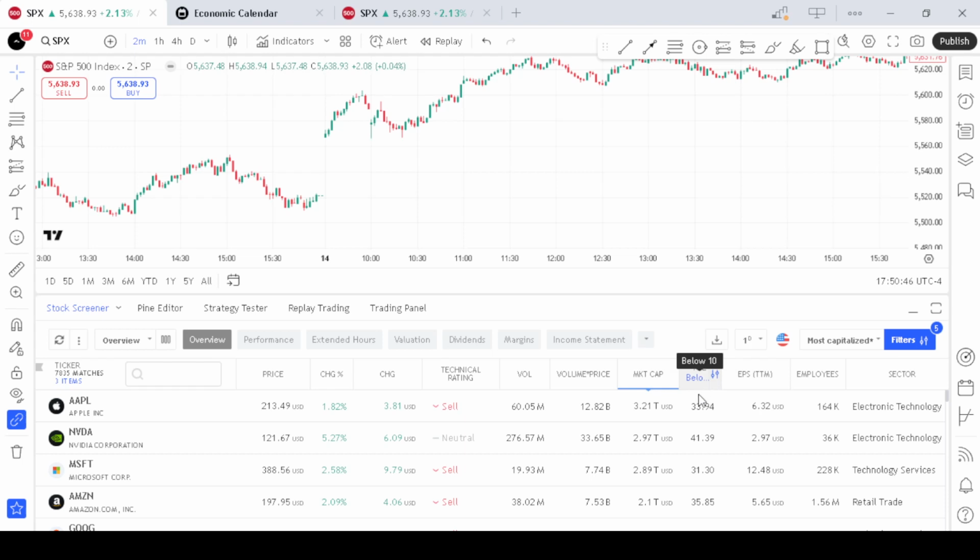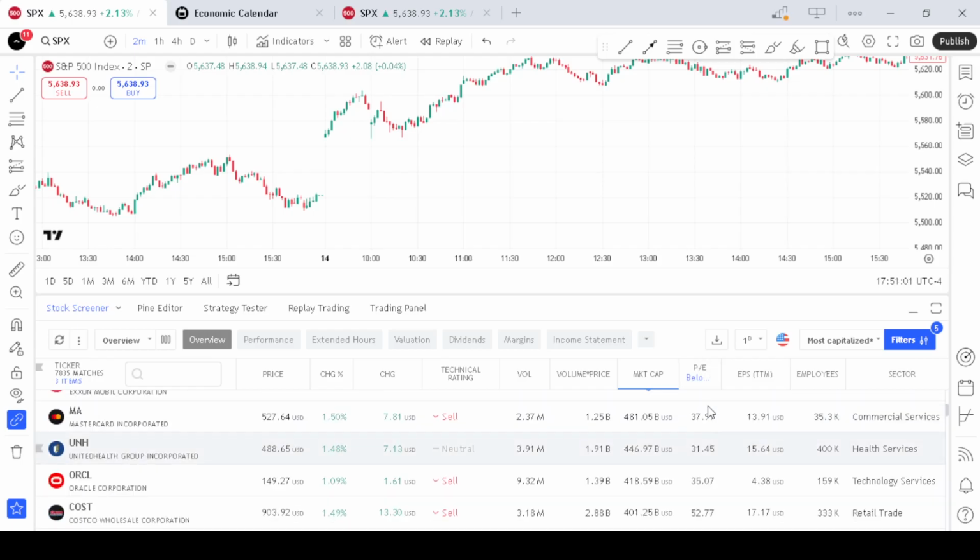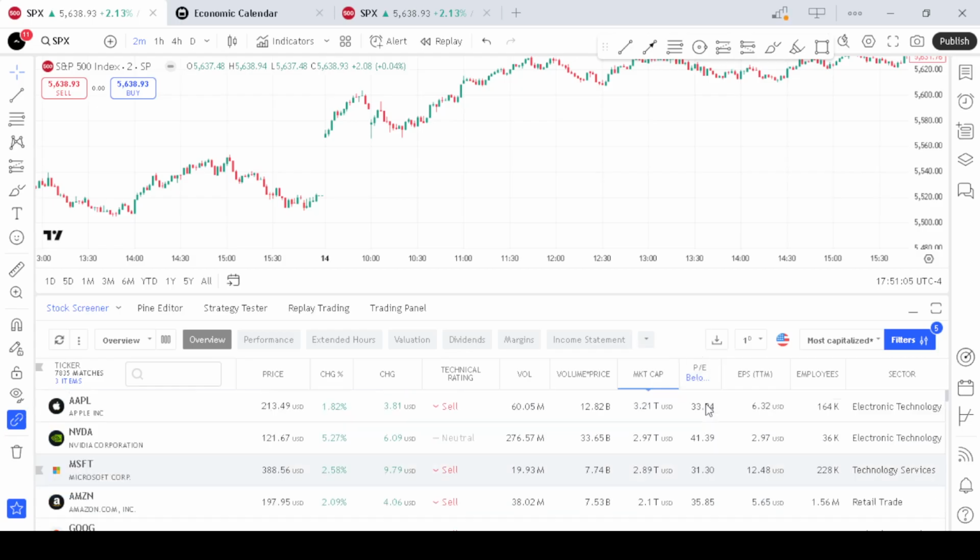So you have already set your filter to below 10. It will help you get all those stocks with values under 10 as long as you have customized it.